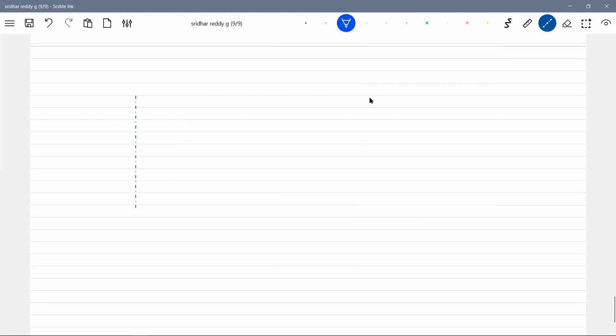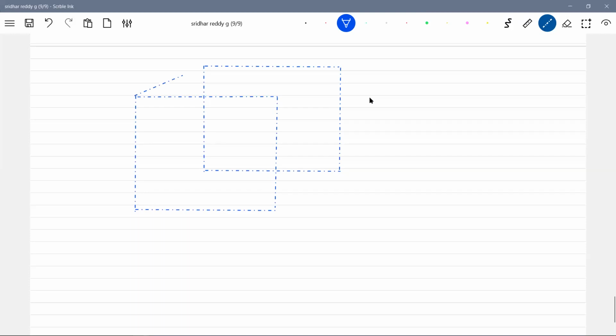let's draw a cube. Where is the point charge? The point charge is at the center of this face, 1, 2, 3, 4.